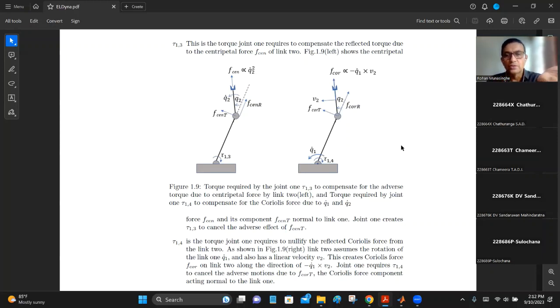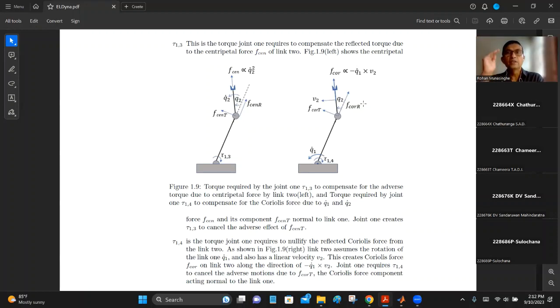In robotics also, if you look at what we're dealing with here, the second link is on top of the first link. And the first link has a velocity, acceleration. This time it's velocity, angular velocity. And link 2 also has the same angular velocity. In addition to that, it has other things also.